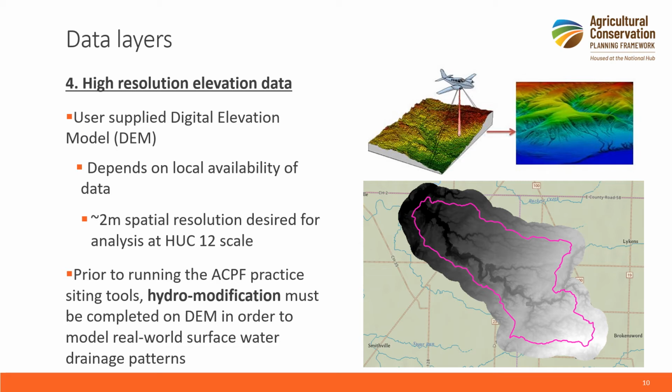One of these important steps is the user hydro modification of the DEM. In this step, the ACPF technician makes edits to the DEM to ensure the modeled surface runoff accurately represents real-world conditions. This step must occur prior to running any of the ACPF practice siting tools and can be the most time-consuming part of the process.